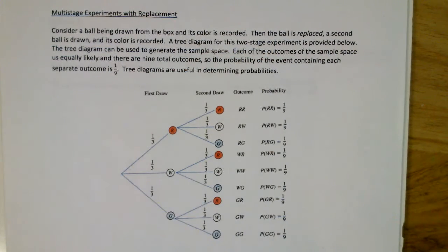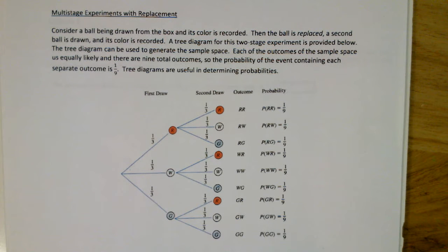Multi-stage experiment with replacement. Let's say we consider a ball being drawn from the box and its color is recorded. Then the ball is replaced, a second ball is drawn, and its color is recorded. A tree diagram, as you see here, for this two-stage experiment is provided.